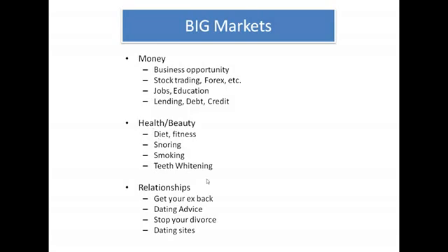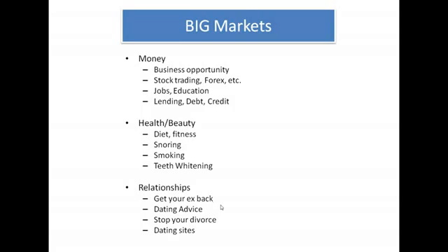Now the last category, relationships. This is a fundamental human need, and so there's all sorts of different markets and businesses that have come up due to this. Some of the biggest information product publishers online are in this market.